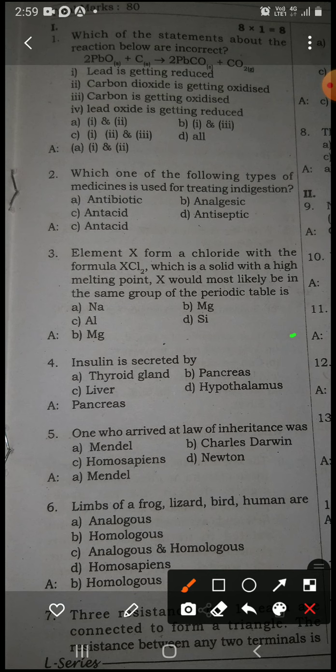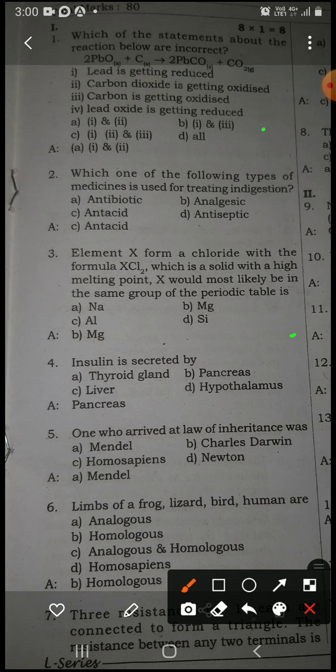The fourth option is lead oxide is getting reduced. If you see the reaction very carefully, you can understand that here carbon is getting oxidized, as you can see in the picture. Here is the carbon which is getting oxidized and becomes carbon monoxide. Got it?